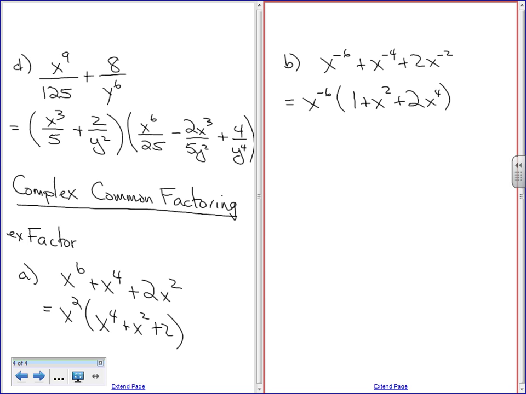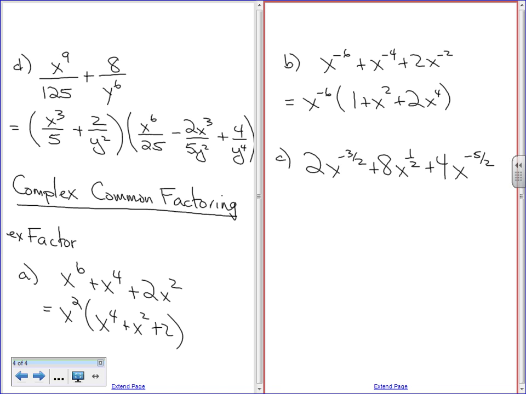Okay. So the concept applies for any single exponent. It doesn't matter if they're rational exponents. Every single time you are complex common factoring, that involves negative exponents and rational exponents, your remaining term should never ever have negative exponents in it if you've done it correctly.